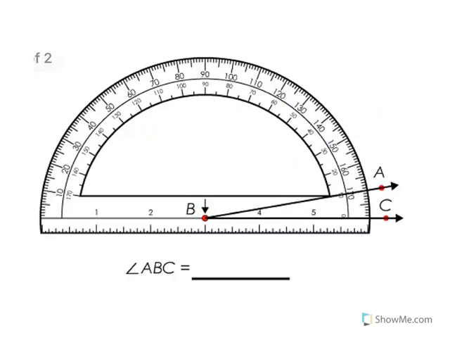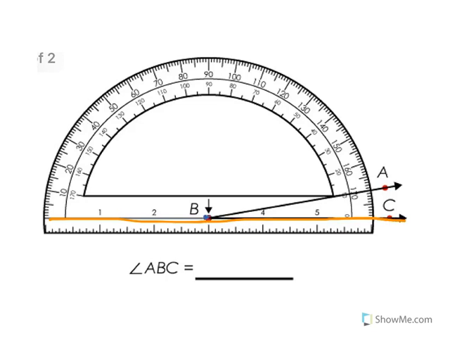Let's look at another one. Okay, so again, you always have to make sure that the bottom ray is lined up on that black line. Then you always have to make sure that the point goes on the point. Okay, then we are going to follow our ray up, and we can see that it is on 10 or 170.